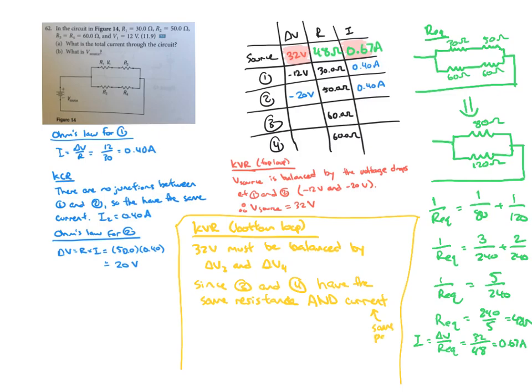There are no junctions between them. So since they have the same resistance and the same current, they must have the same voltage, because of Ohm's law: voltage is resistance times current. So resistors 3 and 4 have to have the same voltage, and they have to add up to negative 32 volts. So that means they're negative 16 volts each.